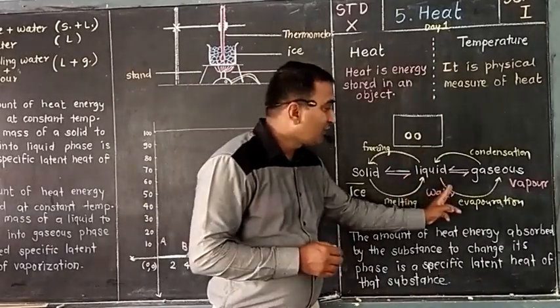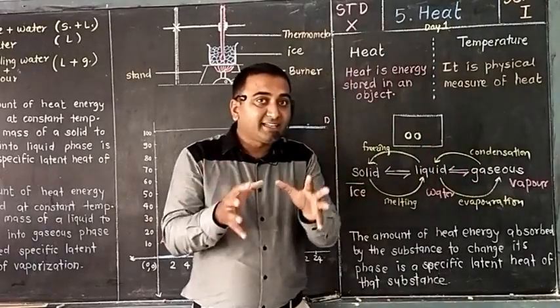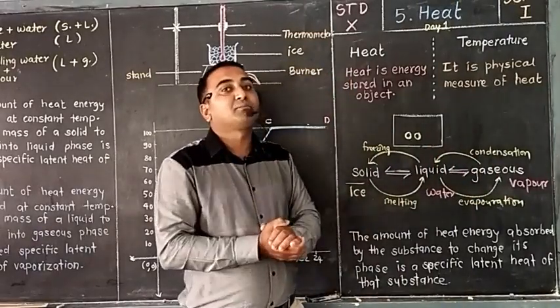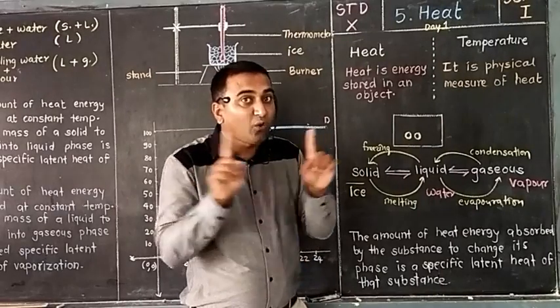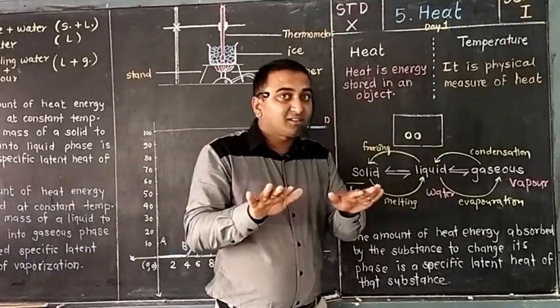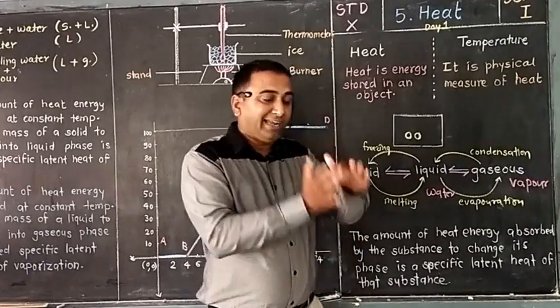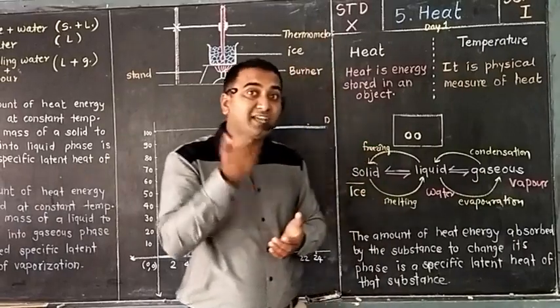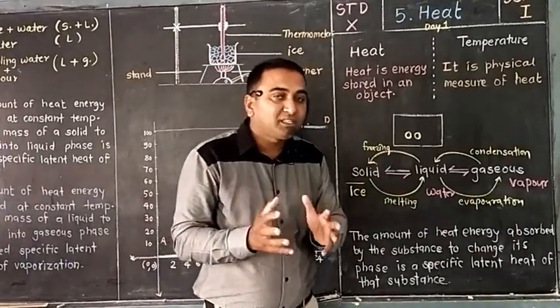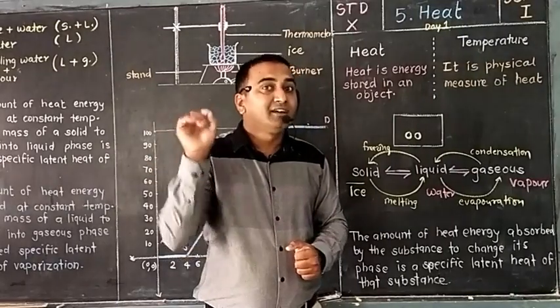So here also the phase, liquid, has converted into gas, and all that energy will be absorbed by that object without changing temperature. So at constant temperature, to change the phase, that means solid to liquid and liquid to gas, that object will absorb energy without changing the temperature.